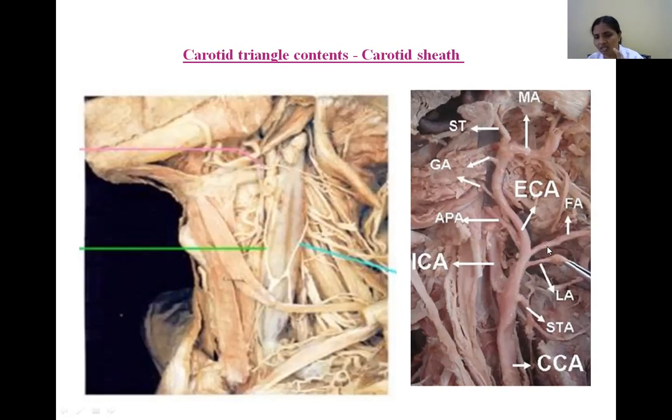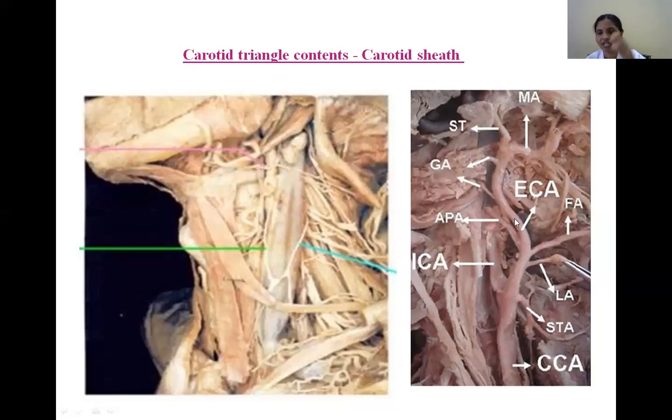Sometimes you must know, the facial artery and lingual artery come as a single trunk, which is known as the linguofacial trunk. Here in this cadaver, this is the lingual artery, this is the facial artery, separately taking origin from the anterior aspect of the external carotid artery. Clear? Okay. So these branches we can identify in this carotid triangle.